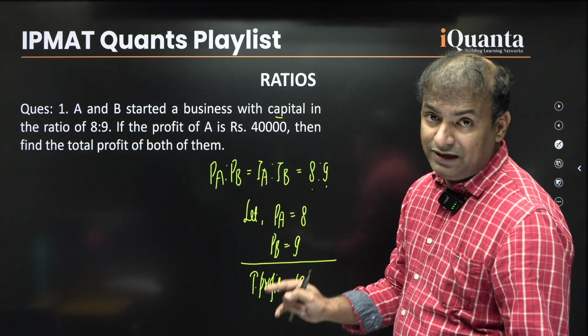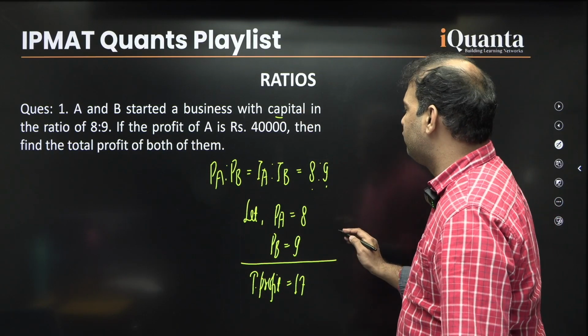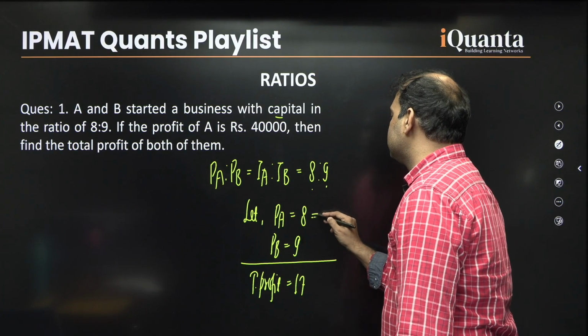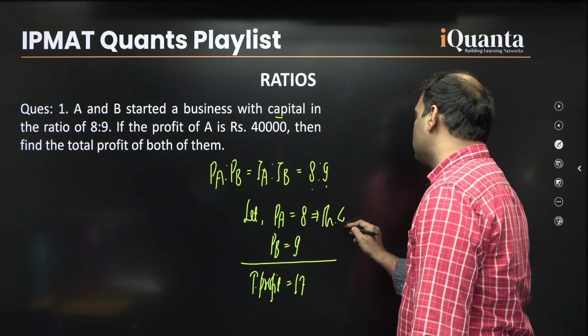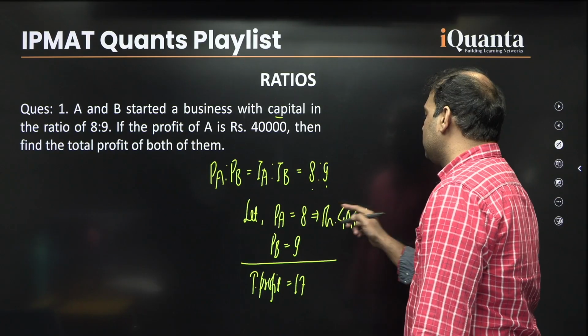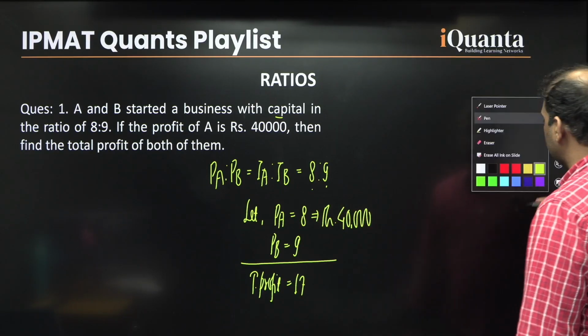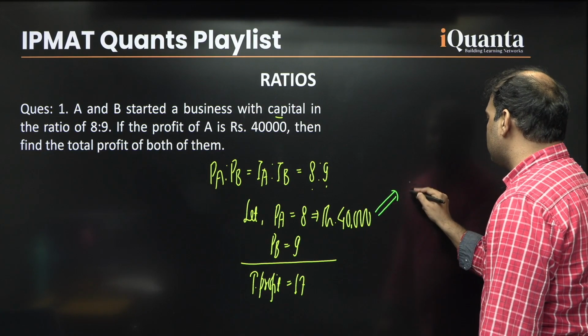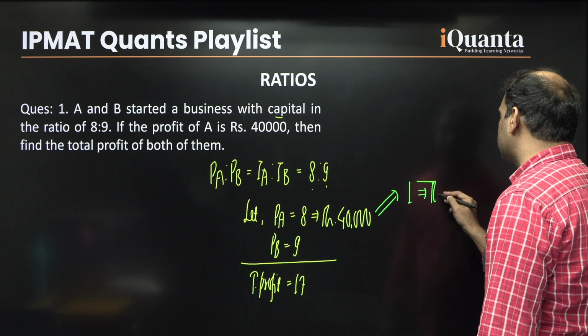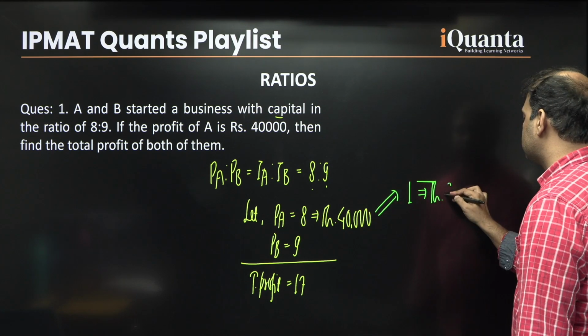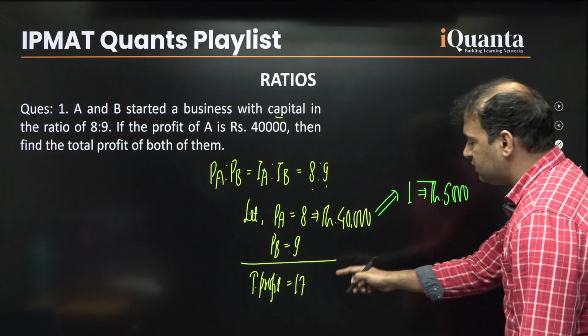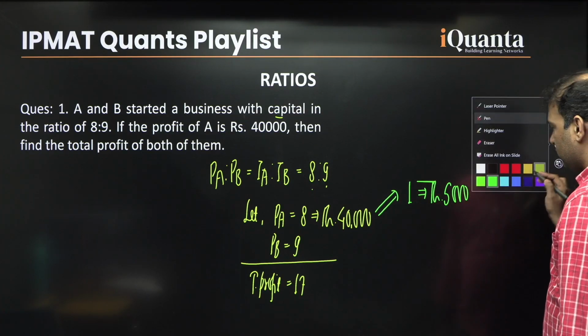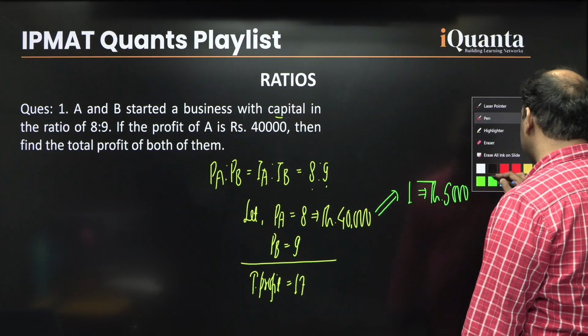Now coming to the real numbers, the profit of A is given 40,000 in real. In assumption it is 8, in real it is 40,000. So we can say one thing, guys, that 8 of the assumption is 40,000 of the real. That also means, if 8 is 40,000, then 1 has to be 5,000. Simple, right guys? What about the 17? If 1 is 5,000, then we can say 17 is how much?